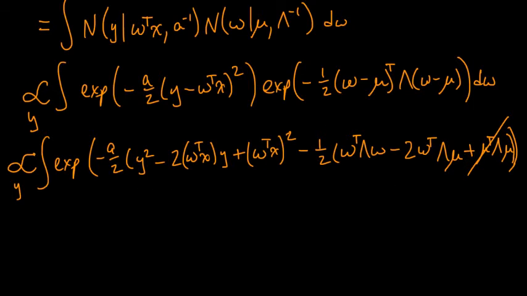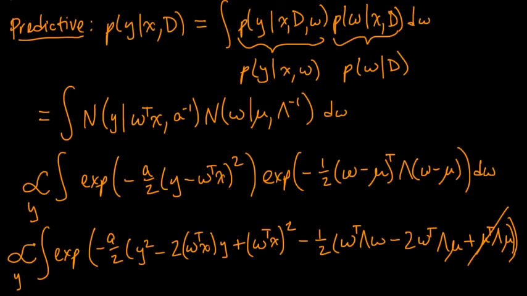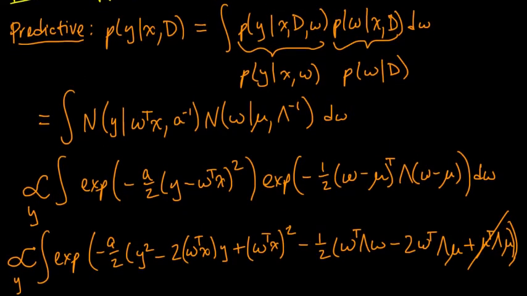So let me pause for a moment here and tell you our general strategy for this calculation. At this point, you can start to see that this is a quadratic form, or we can factor it to make it into a quadratic form in W. W minus some mean or something, but it's going to be quadratic in W. So let me put this as an aside here.